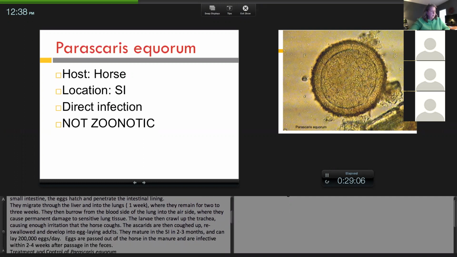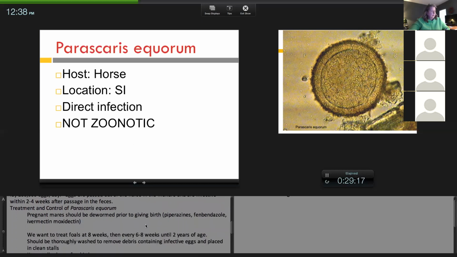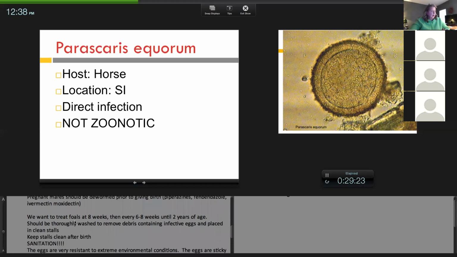They're coughed up, swallowed, and then they can lay the eggs. Eggs are passed and become infective within 2 to 4 weeks. Pregnant mares should be dewormed to treat for this. Then they treat foals at 8 weeks, every 6 to 8 weeks until they're 2 years old.